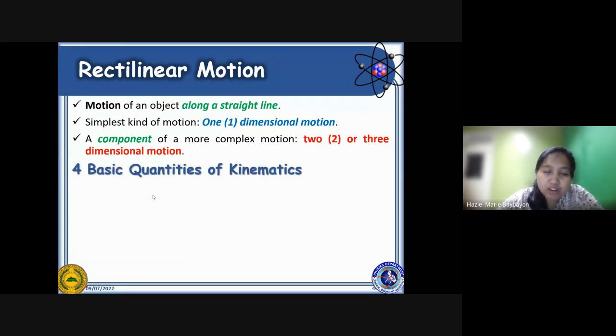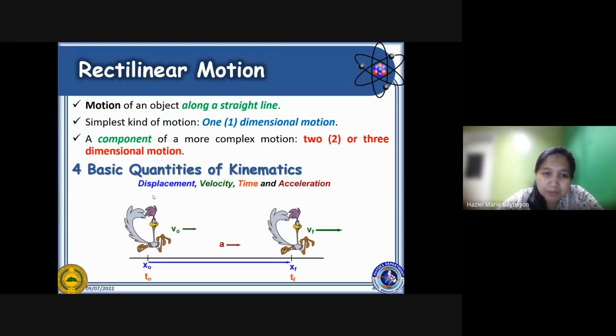Okay, so there are 4 basic quantities of kinematics, and these are displacement, velocity, time, and acceleration. Okay, so displacement, velocity, time, and acceleration. These are the four basic quantities of kinematics.